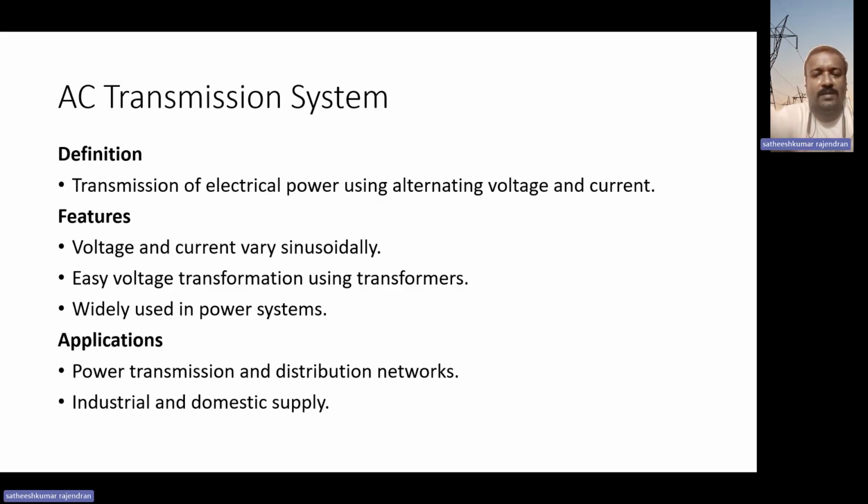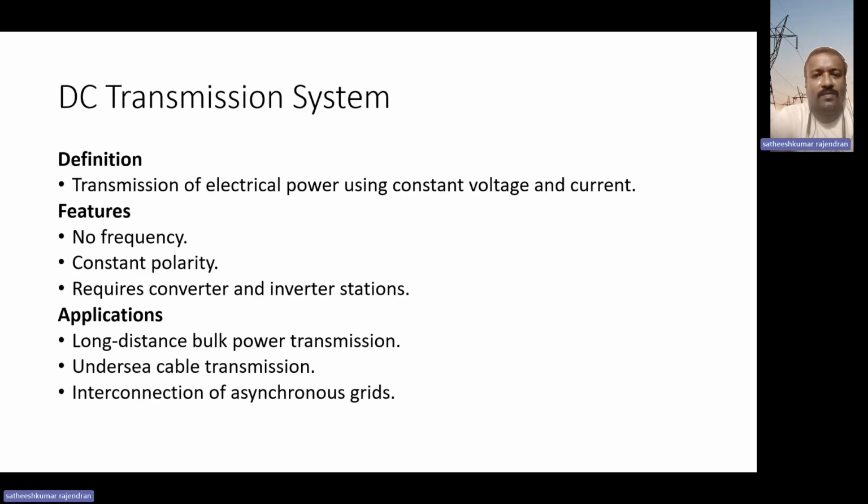By comparing with DC transmission, which has constant voltage and current, in AC transmission we know it is sinusoidal. So it has some frequency, but in DC transmission there is no frequency because it has constant polarity, so constant voltage and current.